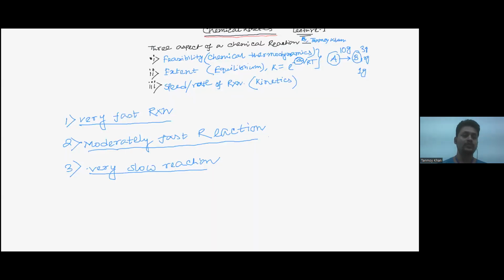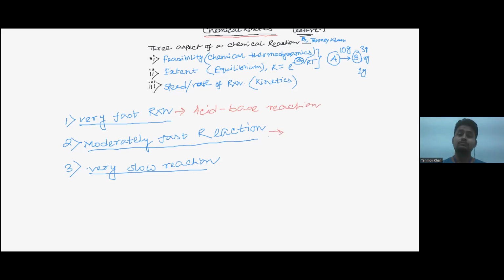If you think about some examples, we already talked about very fast: the acid-base reaction. This is one of the very fast reactions.